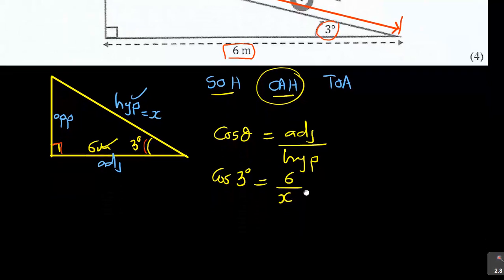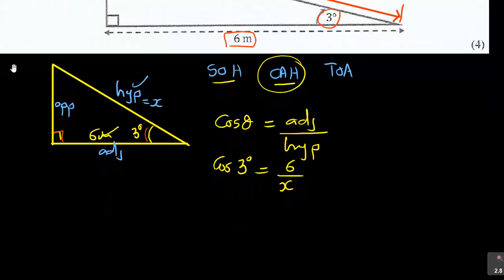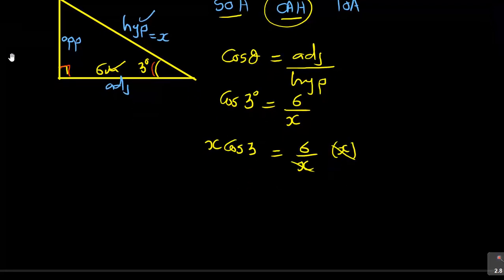So the aim is to solve for x. What you do is multiply everything by x. So I'm going to say x cos 3 is equal to 6 over x multiplied by x, so that you can cancel that. Do you see what I'm doing there? So x cos 3 is equal to 6. Be careful not to find yourself struggling to solve for x there.